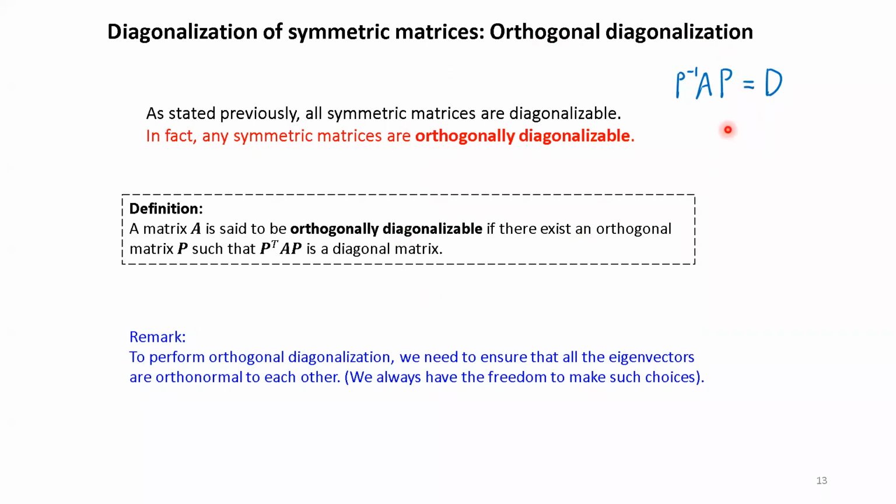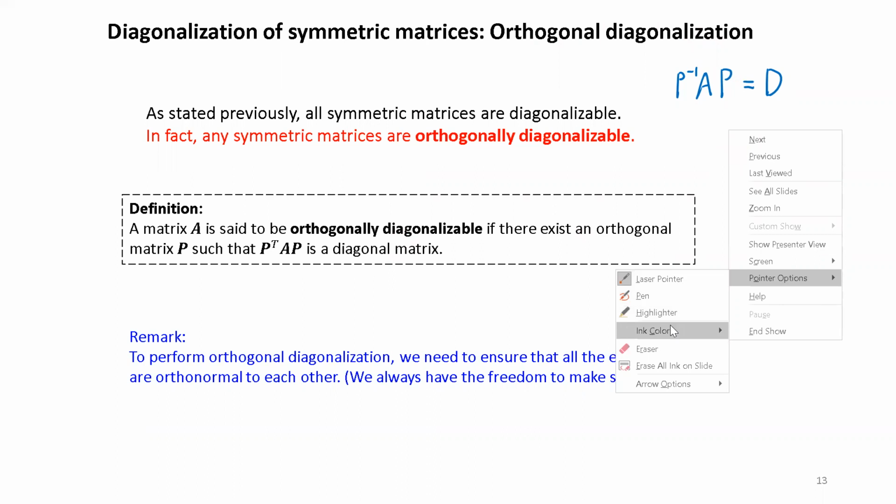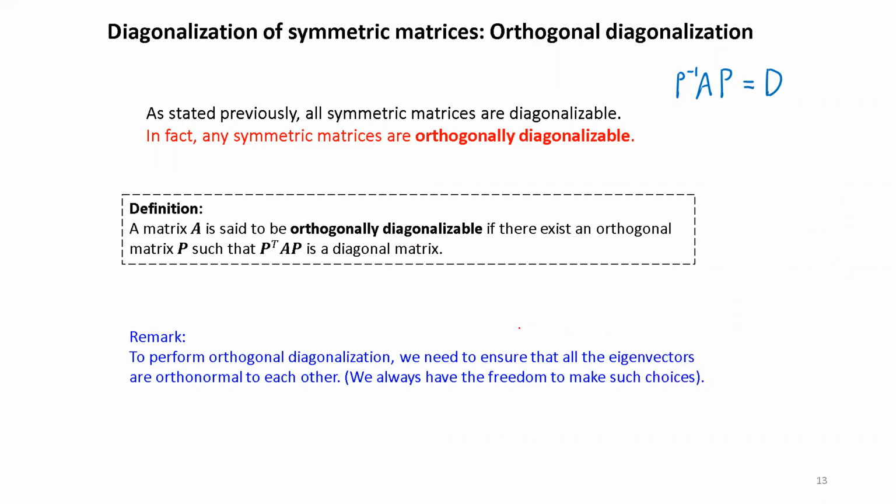Now, orthogonal diagonalization simply means that instead of having this P inverse, we have this P transpose, and in fact this P transpose is the same as P inverse.